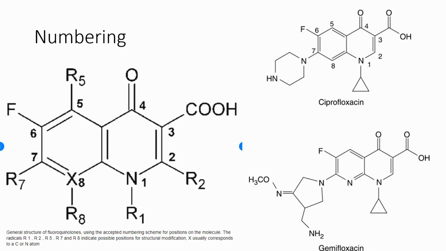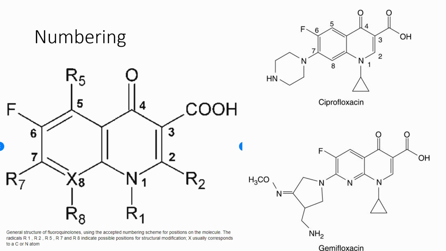Now, next, we have our numbering. So we have to learn numbering so we can accurately say if each substituent is assigned properly to its number. It's because structure activity relationships are dependent on which part of the structure a substituent is attached to.